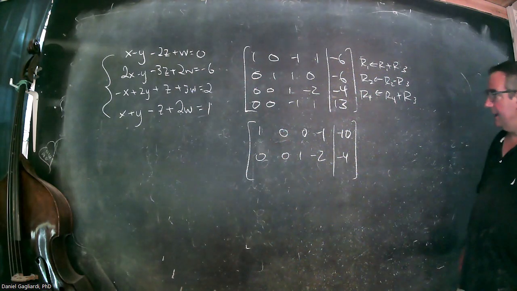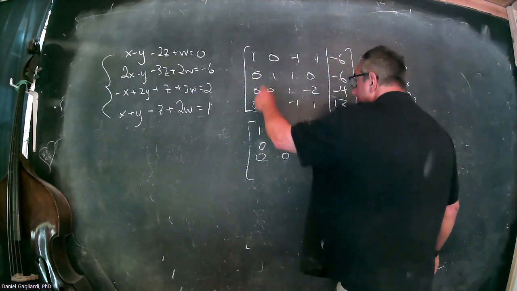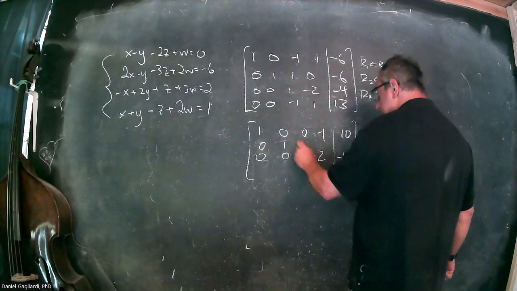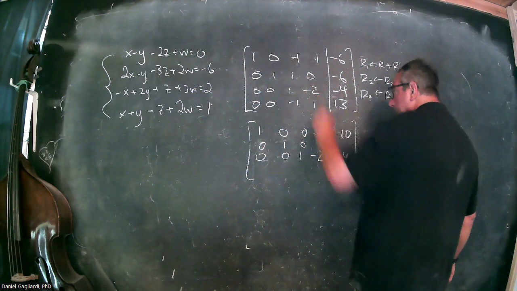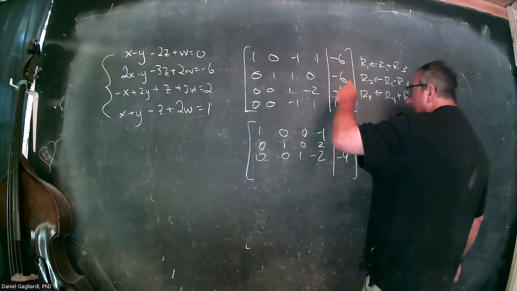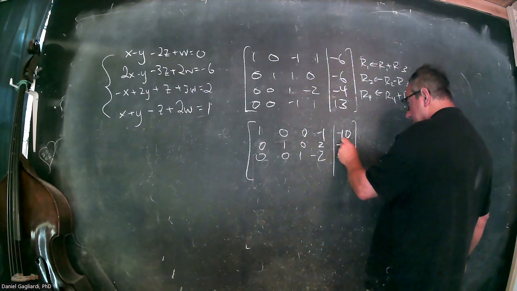All right. Now, row 2 minus row 3, what do we get? 0. We keep our leading 1. 1 minus 1 is 0, as desired. 0 minus negative 2 is 2, and 6 minus negative 4 is negative 2.